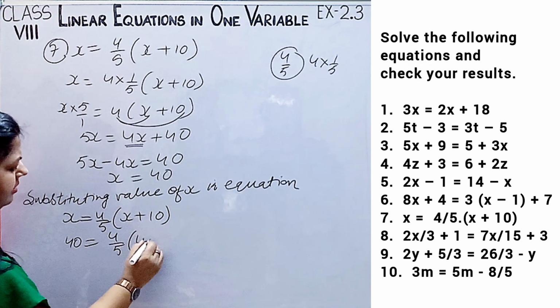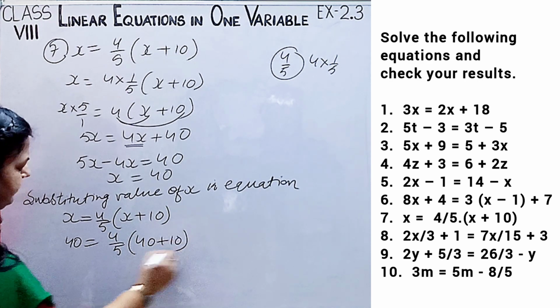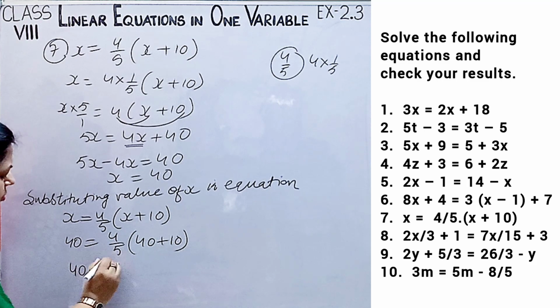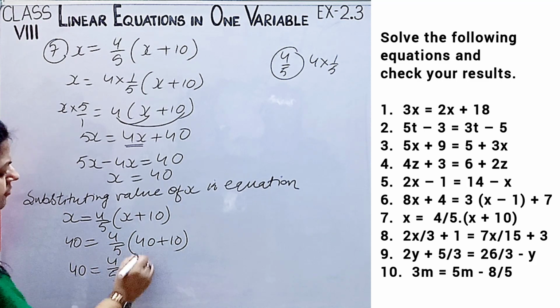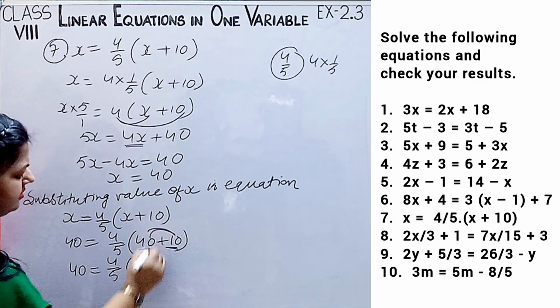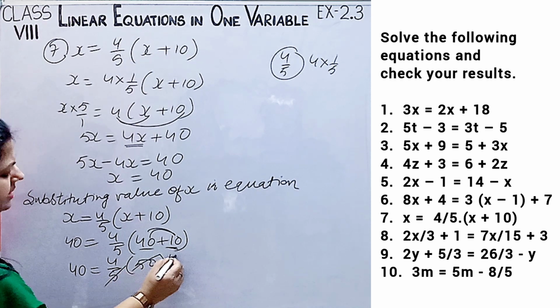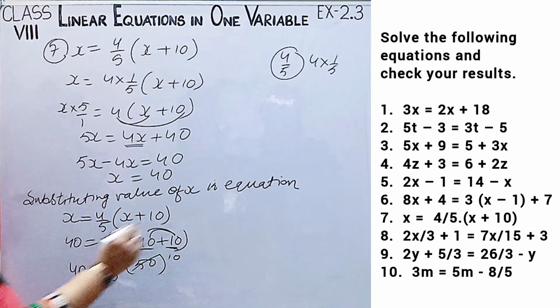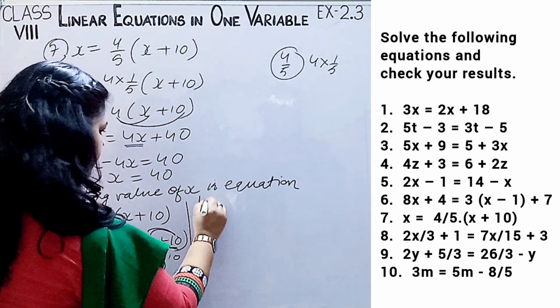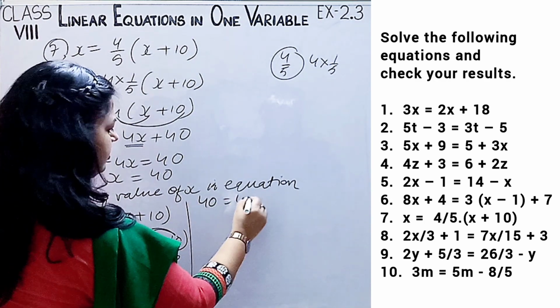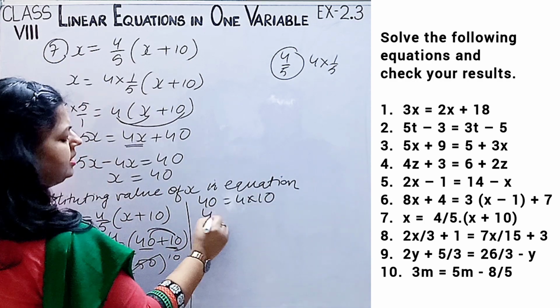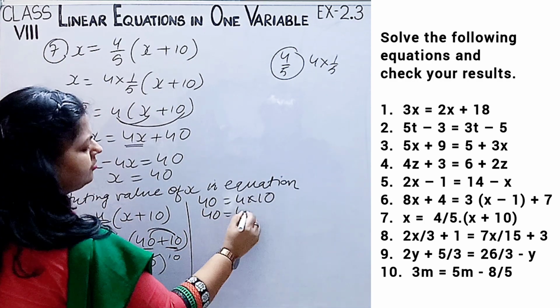Here 40 plus 10. Now 40 equal to 4 upon 5 and 40 and 10 is 50. Cancel out. 5 tens are 50. Now 40 equal to 4 into 10 and 40 equal to 4 tens are 40.